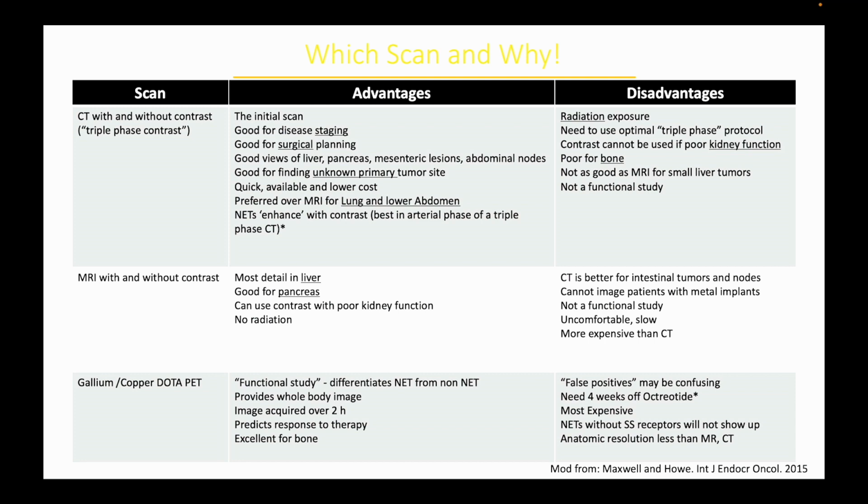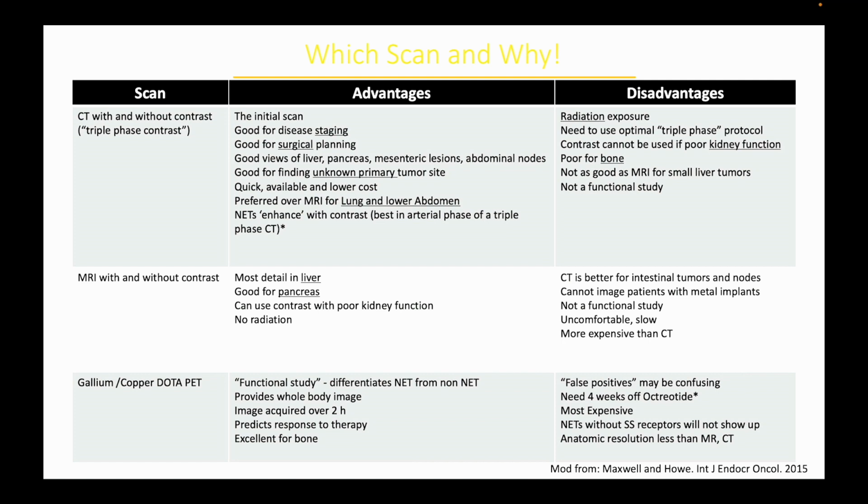And this may be difficult to read from the back of the room because there are lots of reasons. The CT scan is the workhorse scan. It's very easily available, so it's the initial scan for many people. It's very good for establishing the extent, how far the tumor has spread, which is what we call the staging.